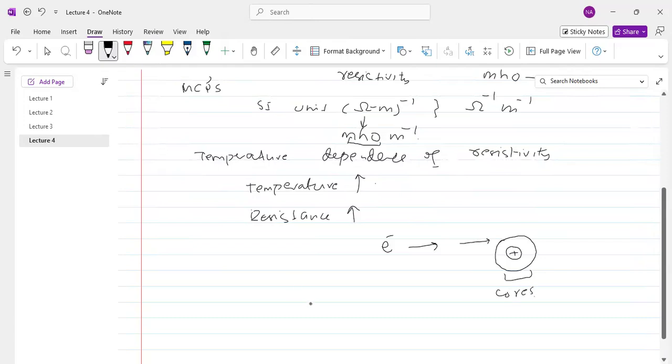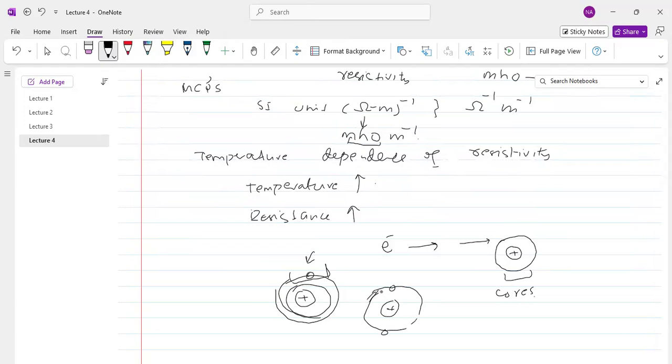What are pores? For example, we have a material which has one valence electron. When such atoms come close together and form the crystal of a material, the outer electron of each atom becomes free. What we are left with is the nucleus plus the electrons other than the valence shell.